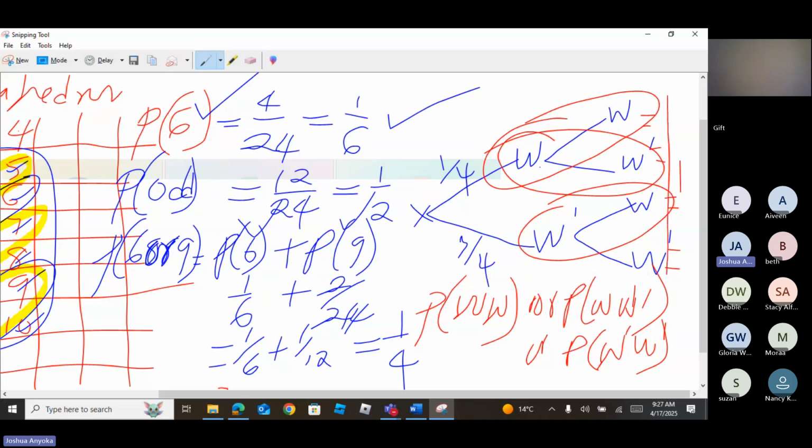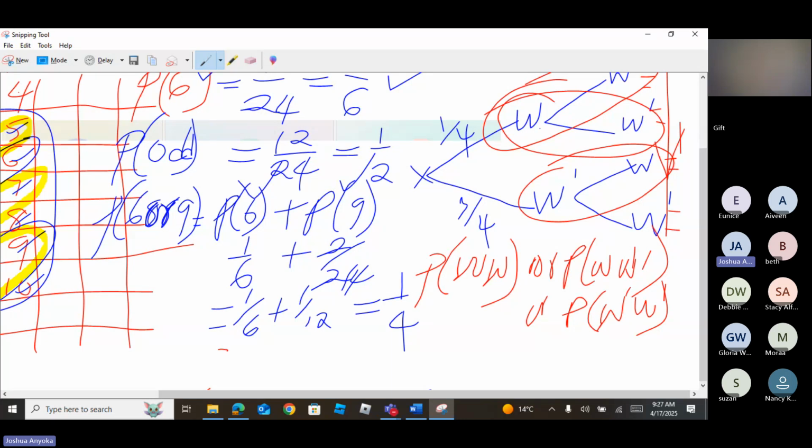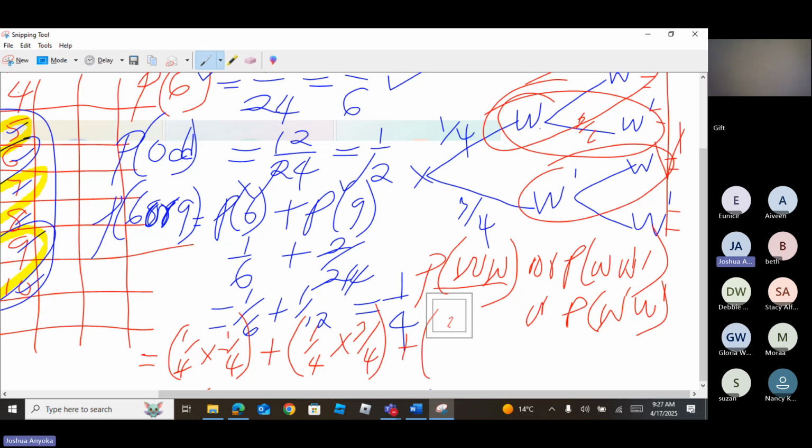If you add all of them here, you will multiply this one, which will be equal to a quarter times 1/4, plus both of them will win, plus this is still 3/4, win 1/4 and lose 3/4, or probability that will lose and then win.